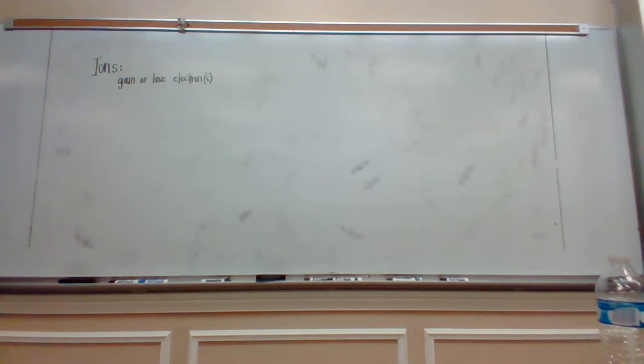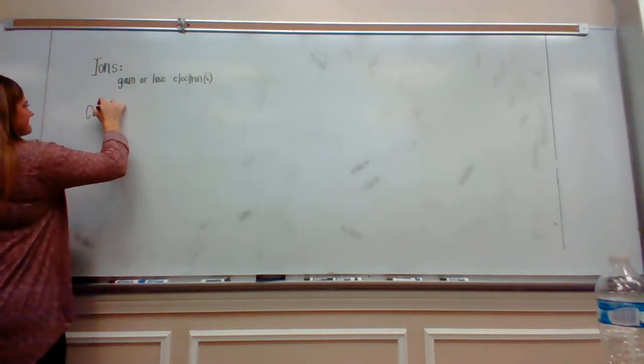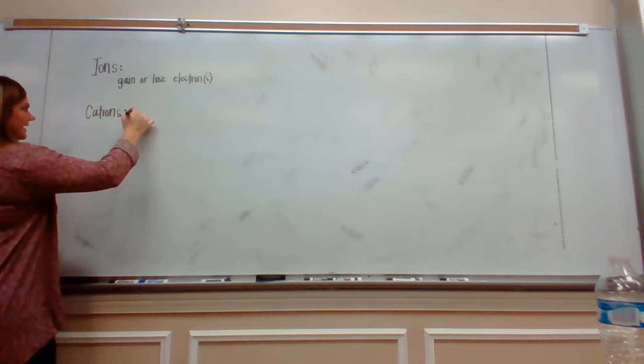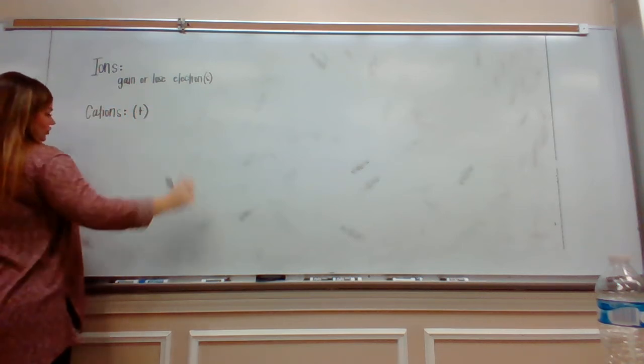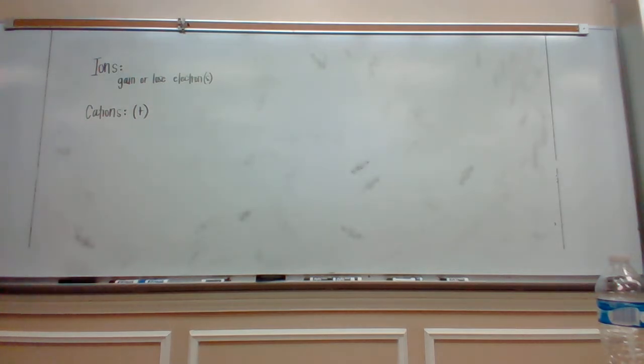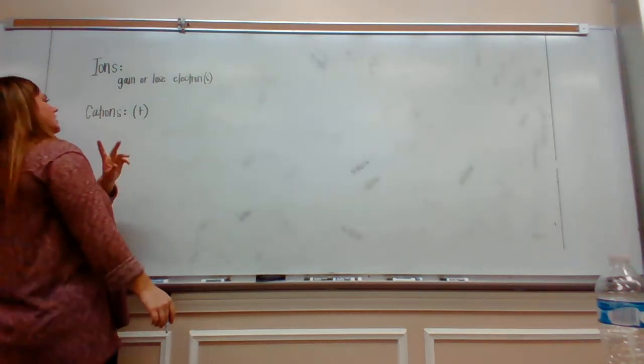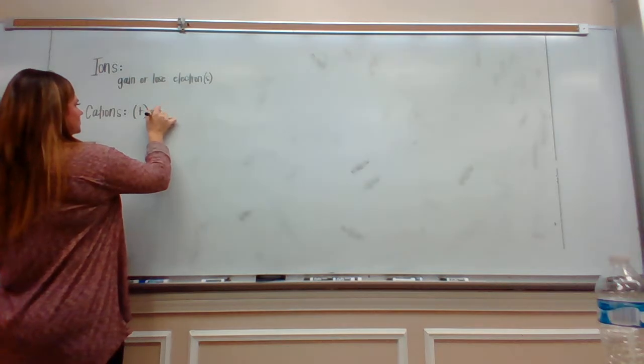So the only way you're going to make something positive or negative is by changing its electrons. Cations are positively charged. I remember that because cats have paws, so cats are positively charged. So they become positive by losing electrons.